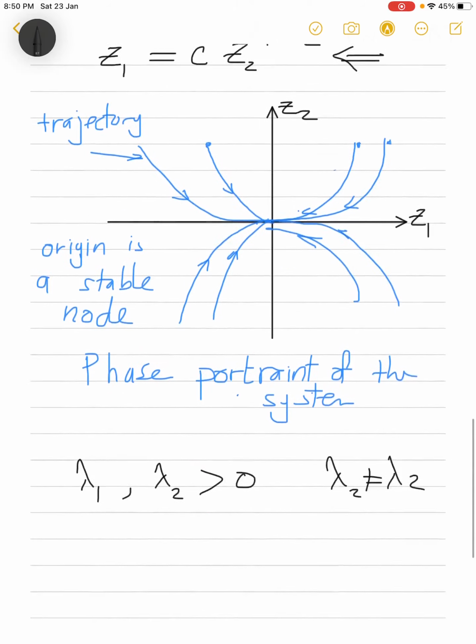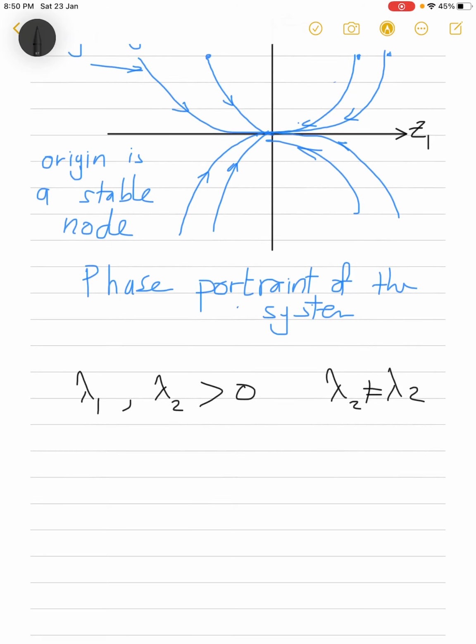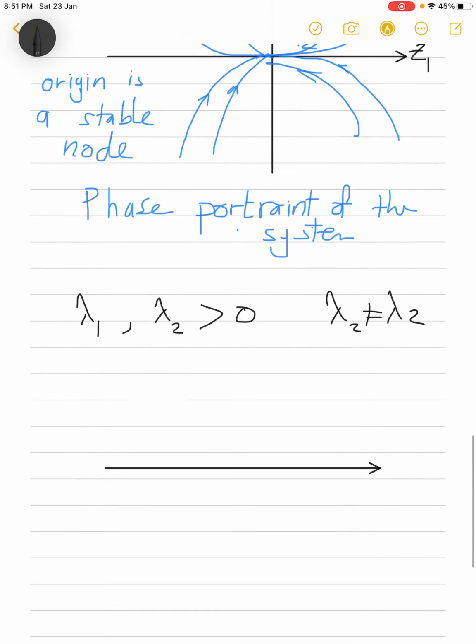So we can again plot the trajectories of the system, and we will notice that in this case the origin would be an unstable node.